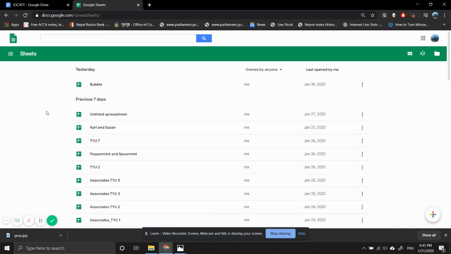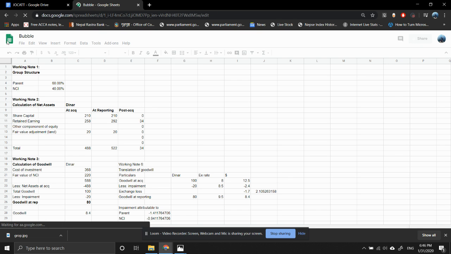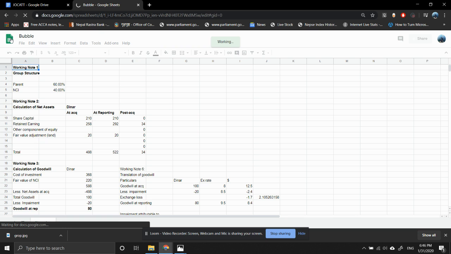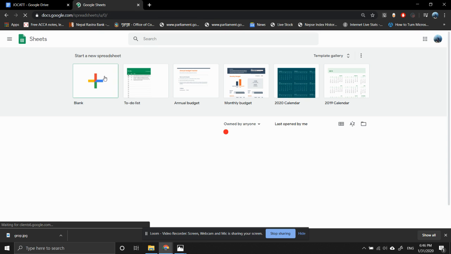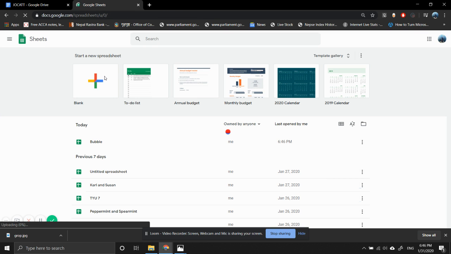So let's use our standard format. Let's create a new spreadsheet.